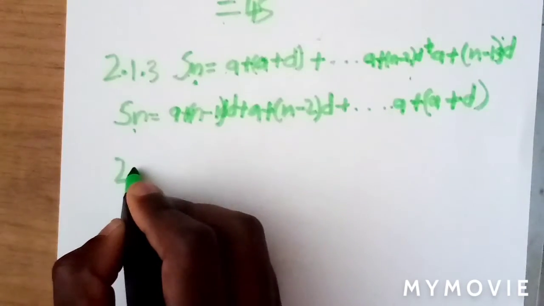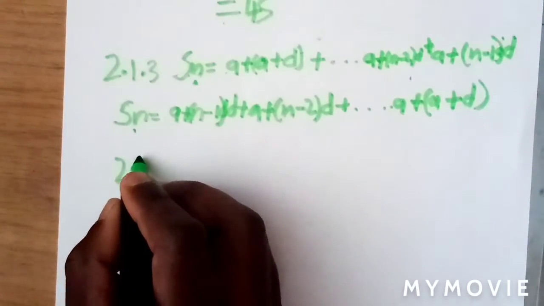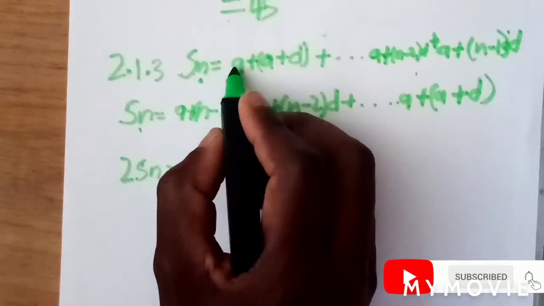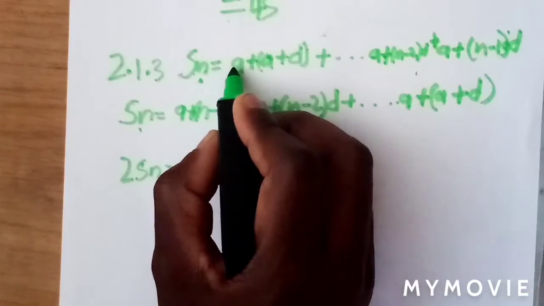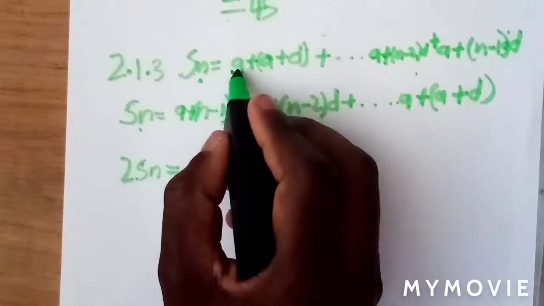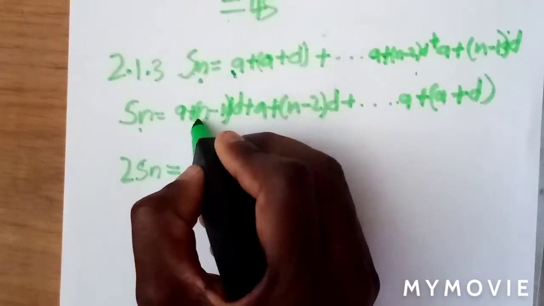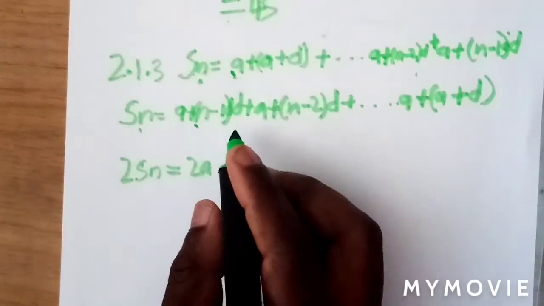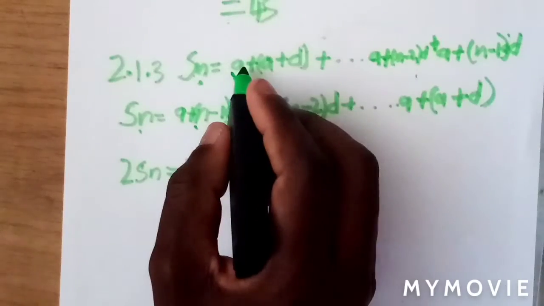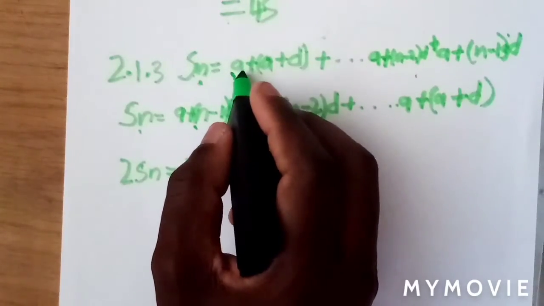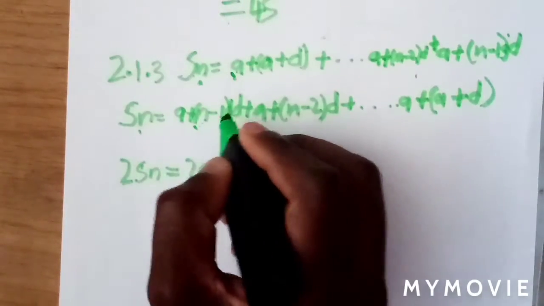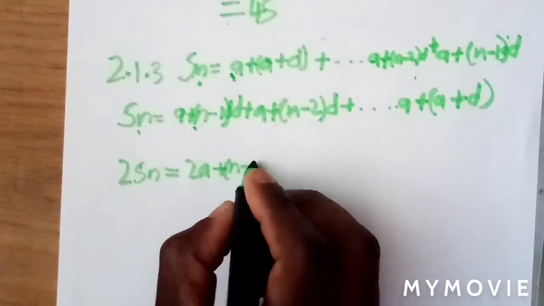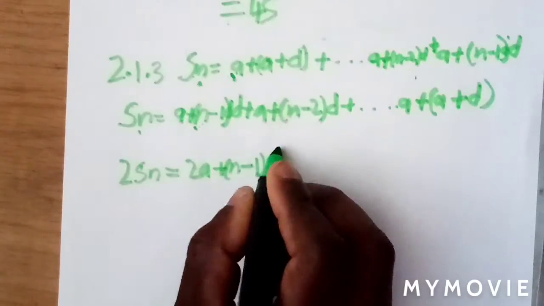Therefore, 2Sn is equal to a, you add this a, which is the first term, with this one, which is 2a, plus n minus 1 into d plus n minus 1 into d.